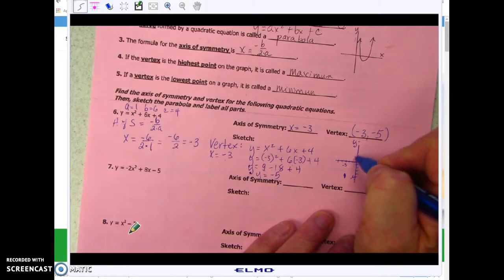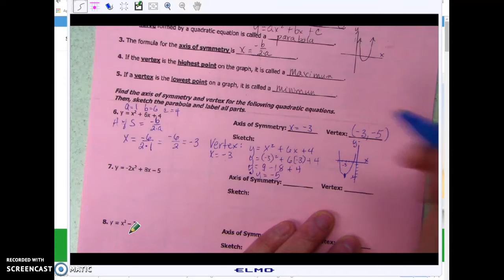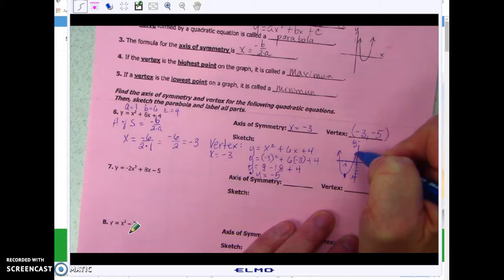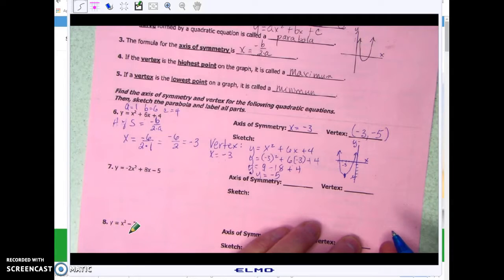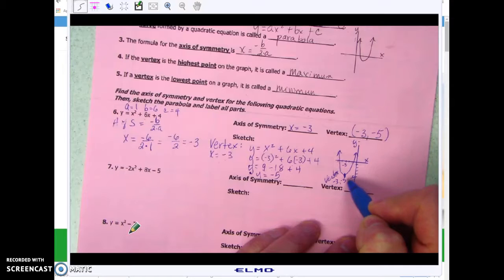Okay, so then I'm just going to bring it down. It goes just before the negative 1, just after the negative 5, and then put arrows, and ta-da! Mark this point, vertex, because it's a key point, negative 3, negative 5.